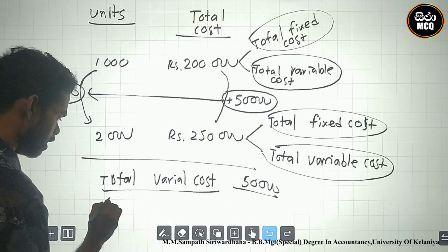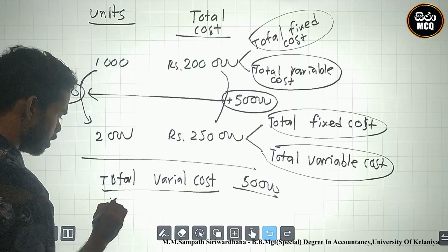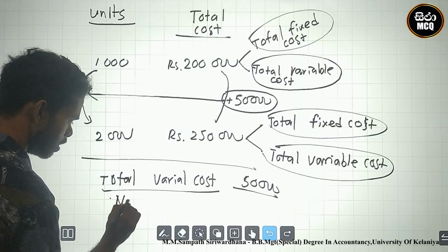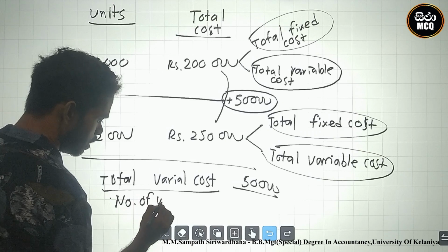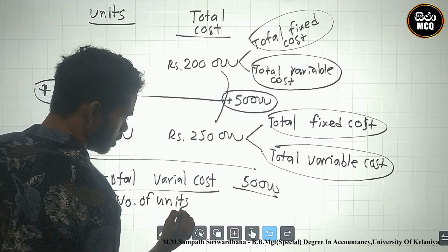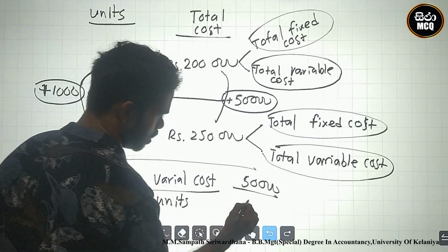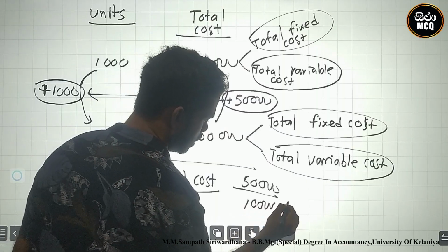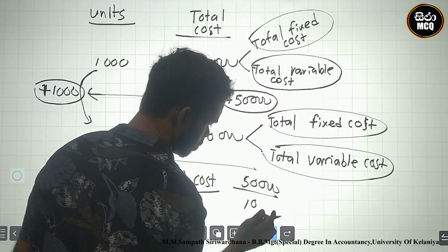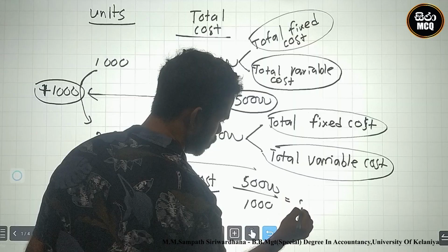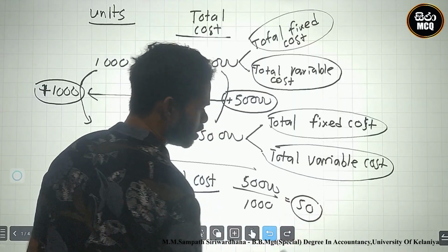Okay. Therefore, I deduct the variation in the number of units. The number of units is 1000. 50,000 divided by 1000, the answer is 50. What is that?